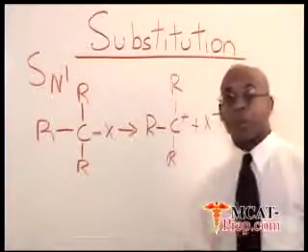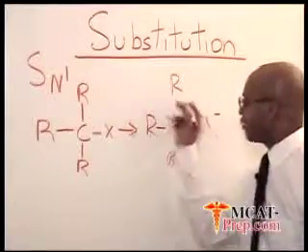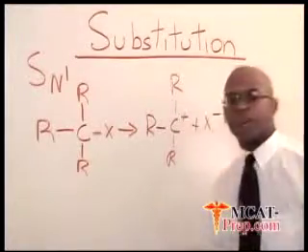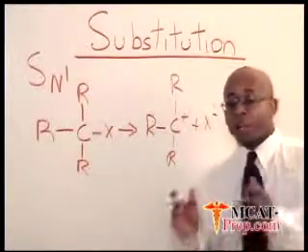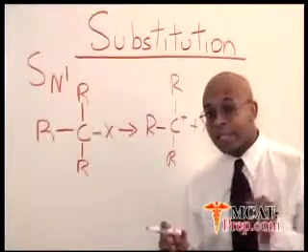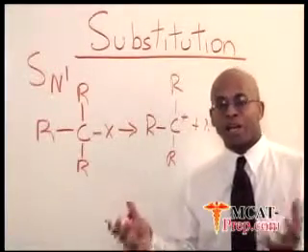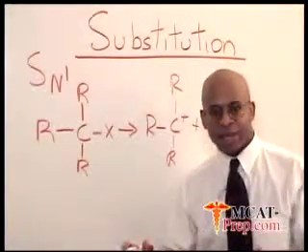Here is an example where that feature of alkyl groups is very important. We have 3 alkyl groups surrounding a carbon which is positively charged. Normally carbon would not want to be positively charged. It doesn't mind being partially positively charged, but to carry a positive charge on itself alone, it doesn't like that.